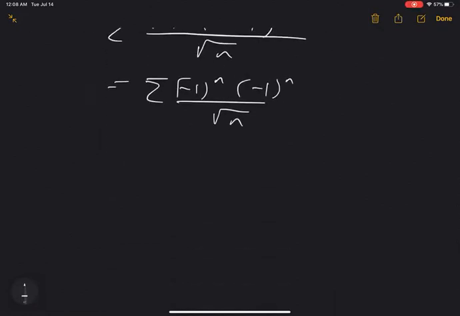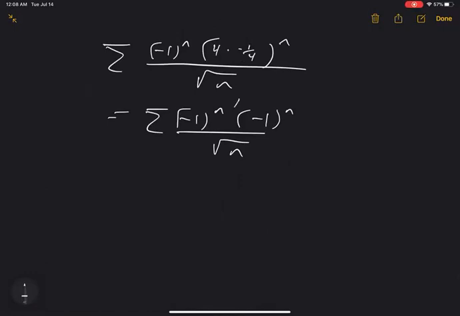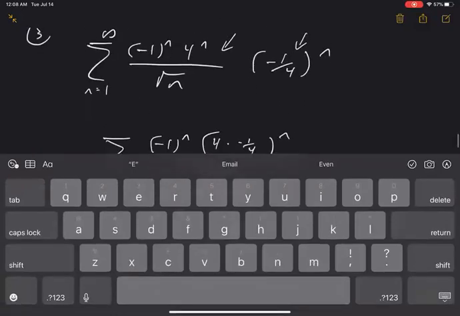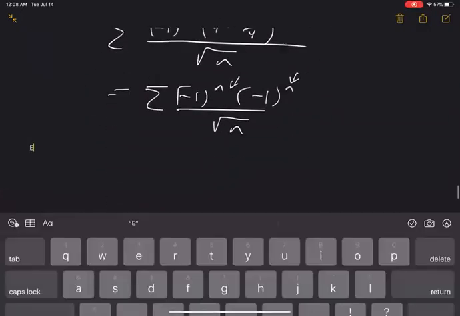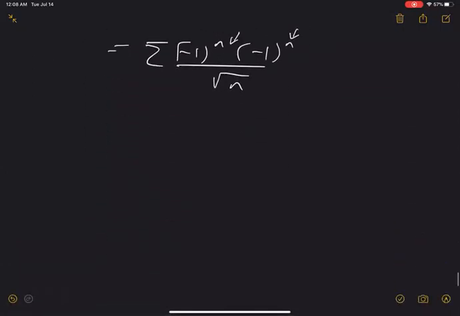Okay. Now, what's going on here? I got two (-1)^n. Well, I could simplify that further as (-1)^(2n), right? And really, it doesn't matter what's going on with n. I could also think about that as 2 times n, right? And really, I could first consider (-1)^n and then square that.